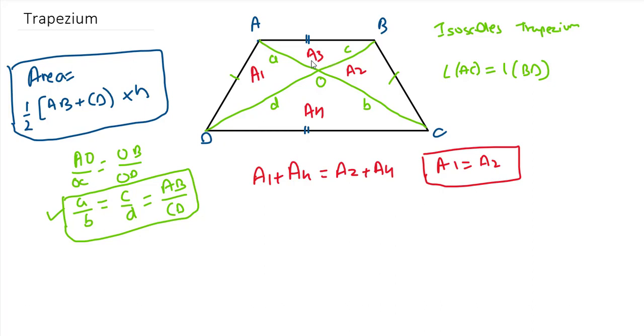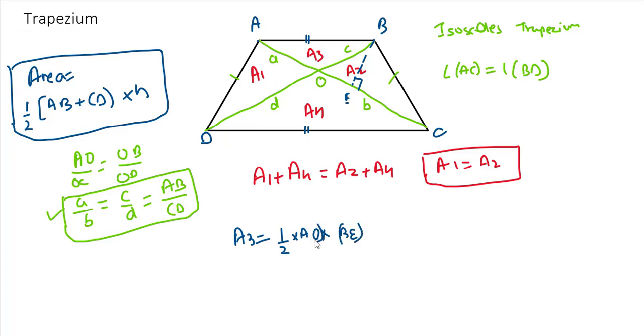Now if we consider the triangles A3 and A2, if I drop a perpendicular from the point B to this diagonal, so this will be the height of the triangle AOB as well as BOC. So area of triangle A3 will be given by half, base will be AO, into height, let's say BE.